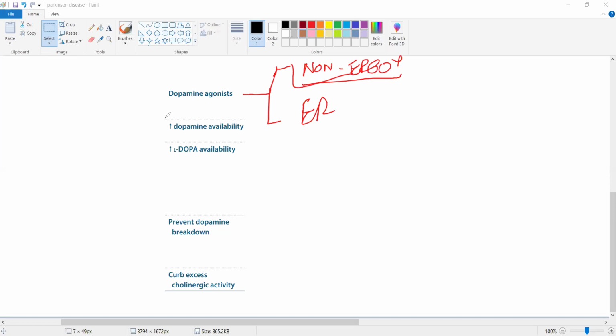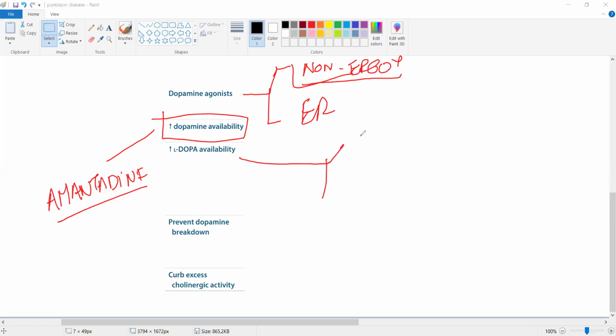Increased dopamine availability: the famous drug is amantadine. Right? Increased dopamine availability also involves carbidopa. Carbidopa inhibits which enzyme?